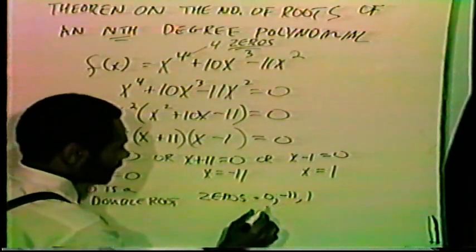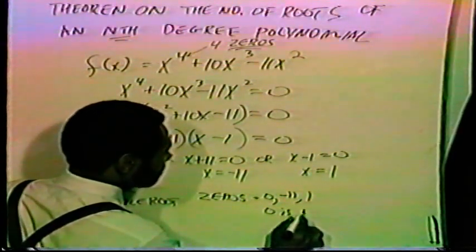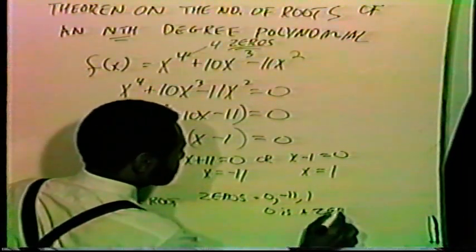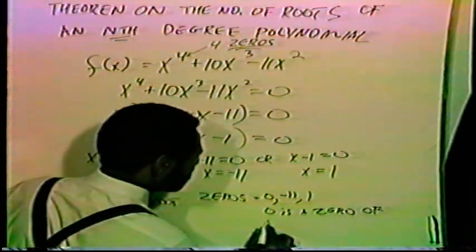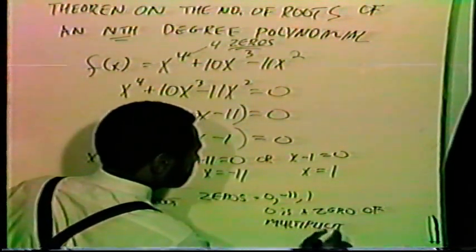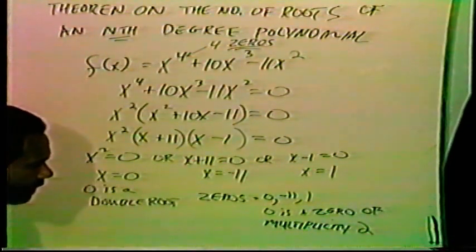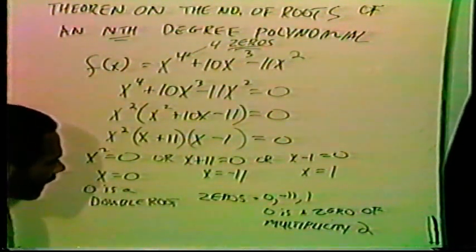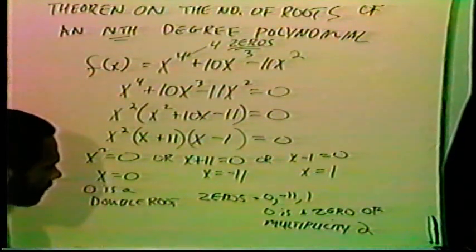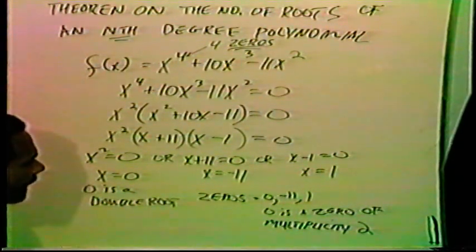And we should indicate that 0 is a 0 of multiplicity 2. It's a double root, or a double 0, a 0 of multiplicity 2. So a root of multiplicity whatever can be any number.